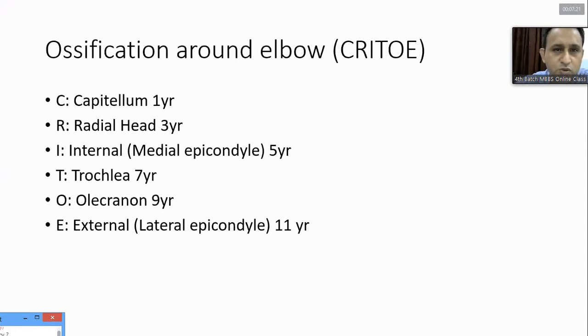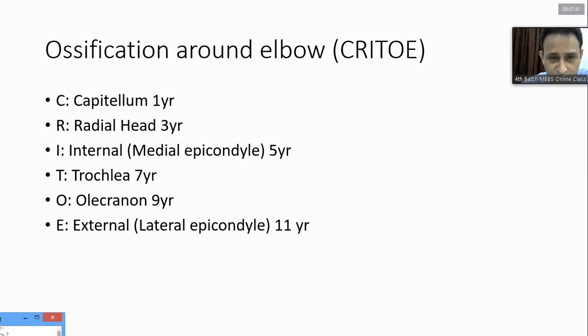It is always useful to know this mnemonic, CRITOE, which tells you the approximate age of ossification around the elbow. Roughly, the capitulum starts at 1 year, and as you go subsequently, if you add 2 years, there is ossification of the radial head, the medial epicondyle at 5 years, trochlea at 7 years, olecranon at 9 years, and lateral epicondyle at 11 years.